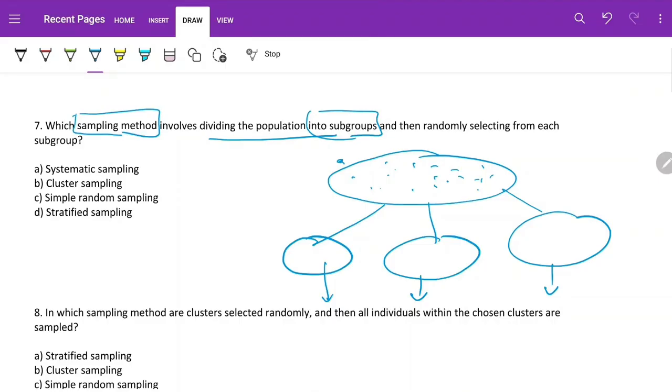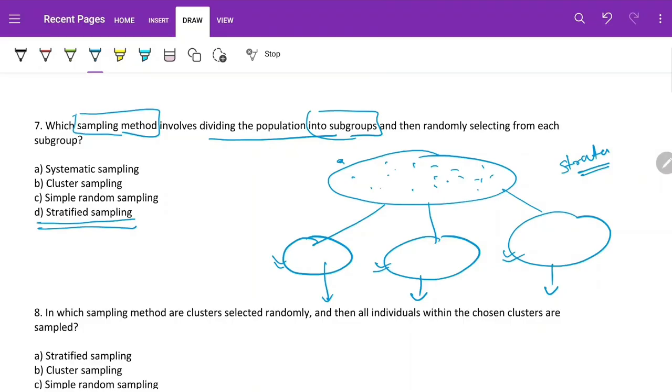It is a good representation of our heterogeneous population. So this method is the stratified sampling method. These subgroups are called strata.